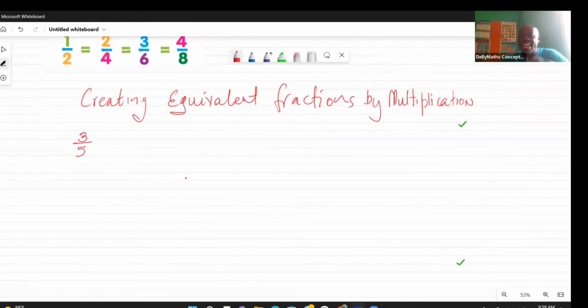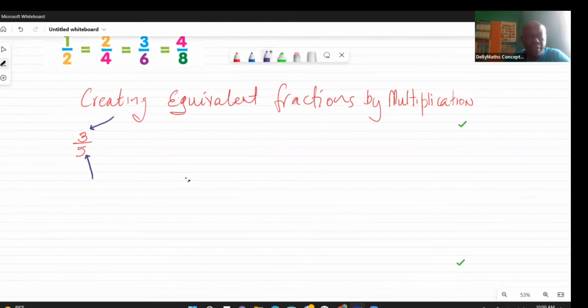We want to create another fraction that will look different, but has the same value as 3 out of 5. We can do that by making sure that we multiply the numerator and the denominator by the same number.